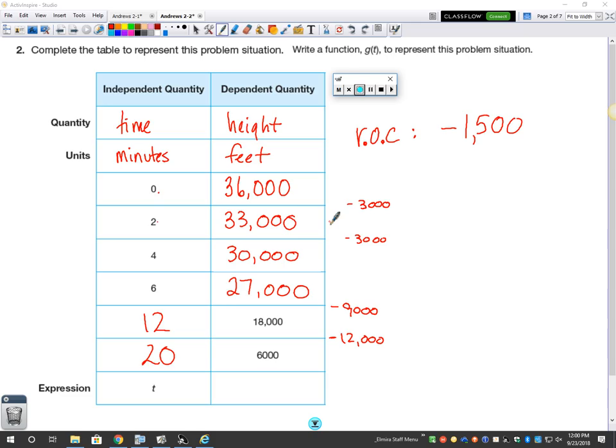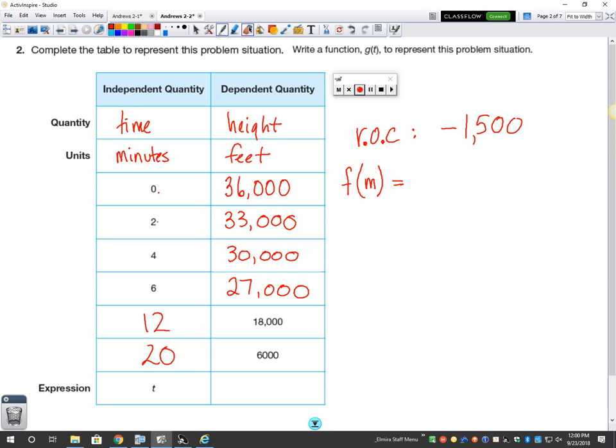Okay, so we have a starting value. So let's get into writing the function for this. So our feet in terms of minutes equals, remember we're going for an mx plus b.